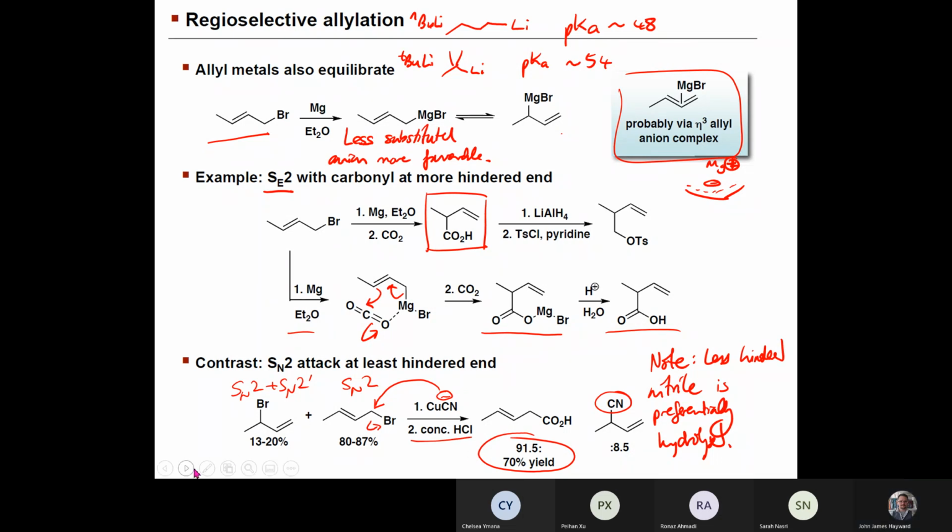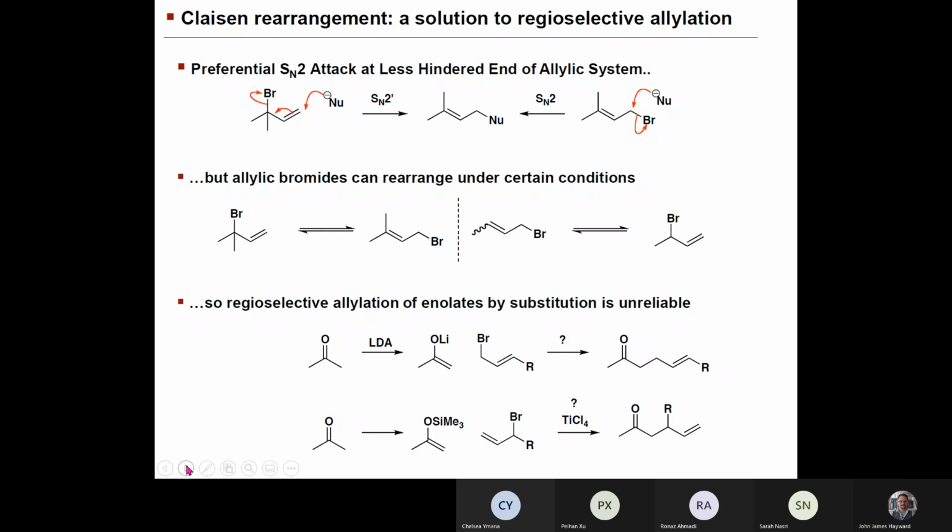Okay, so more about this allylation problem and the Claisen rearrangement. We said before that we can get SN2 or SN2 prime happening, and allylic bromides can rearrange quite easily.